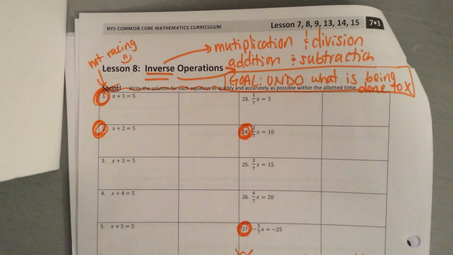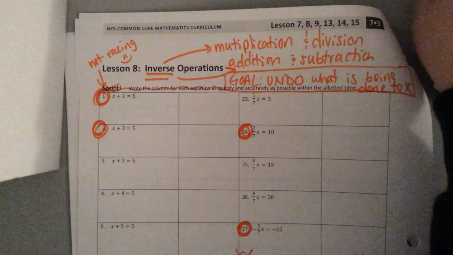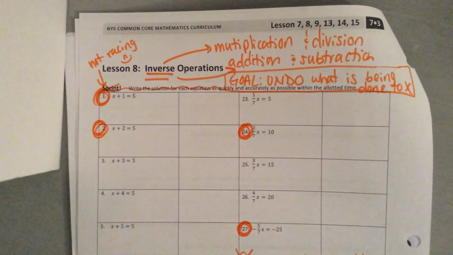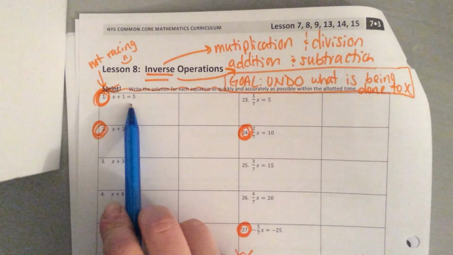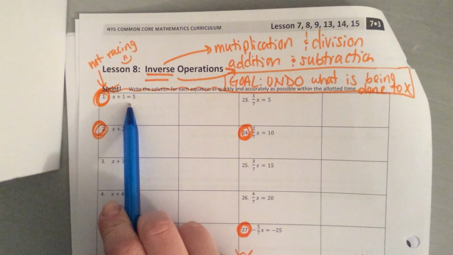So some of these you've seen before. Some of these you have done before. Even with me, or if not in the beginning of the year with me, you did it last year, okay? So with these equations, they're equations because they have an equal sign.